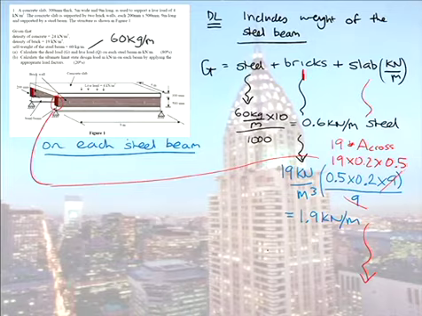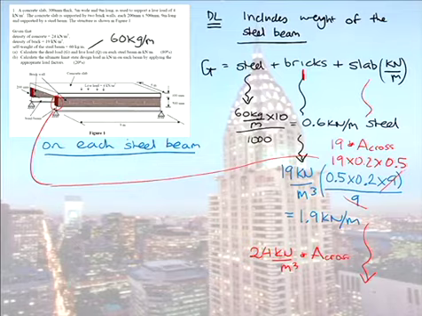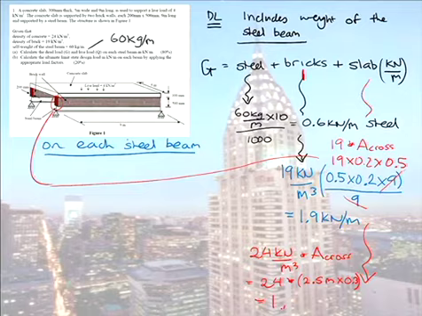So you could say, well, our density here is 24 kilonewtons per metre cubed multiplied by our cross-sectional area. And that's equal to 24 times our width here was 5 metres. So that's 2.5 metres. And our thickness was 300 mil times 300. And that will give me a load of 18 kilonewtons per metre.